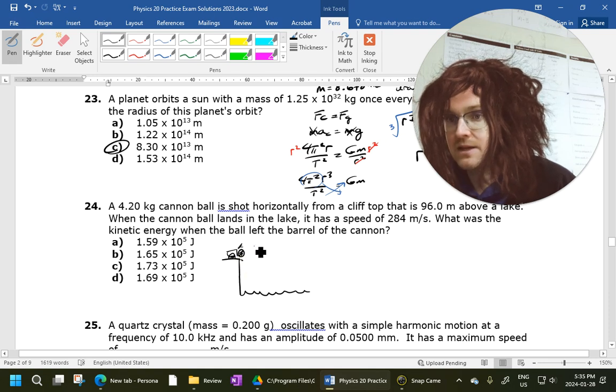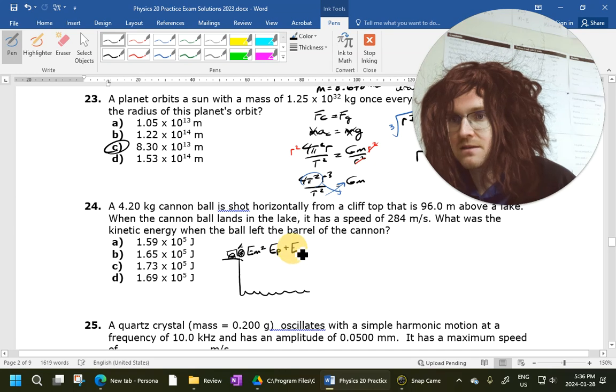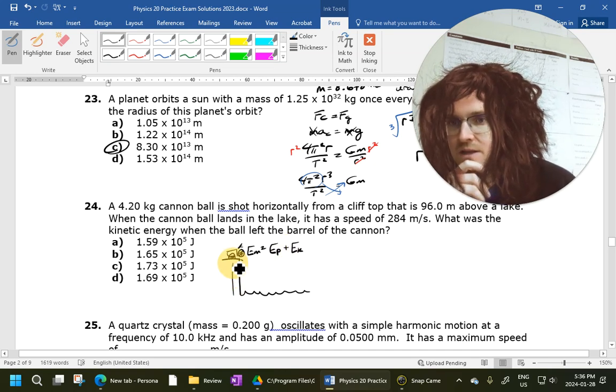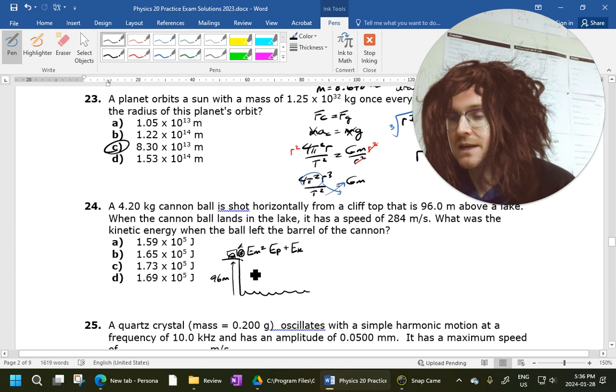At the top here, the cannonball that got shot out of my cannon has two types of energy. It has mechanical energy, which is going to be EP plus the EK that it has to start off with, right? But the EP is really dependent on where you're measuring from. So right now we're 96 meters above the ground, so we're going to have some EP here.